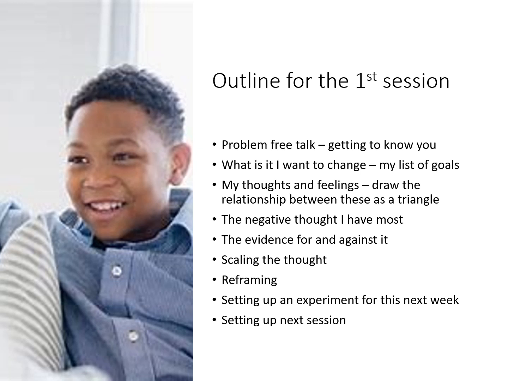We scale the thought, and we try to think of a cognitive reframe based on what they might say to someone else who had that thought, who was someone that they loved, such as a good friend. And we'll set up an experiment which may involve them actually trying to use, for example, their cognitive reframe on a daily basis. It may engage them in gathering more evidence as to when things are better, so that we can try and get more exceptions to this rule in their day.